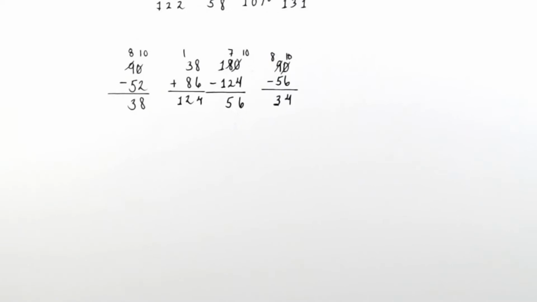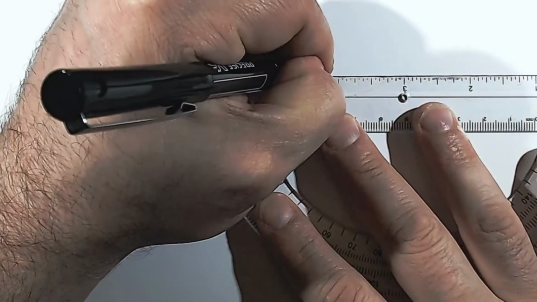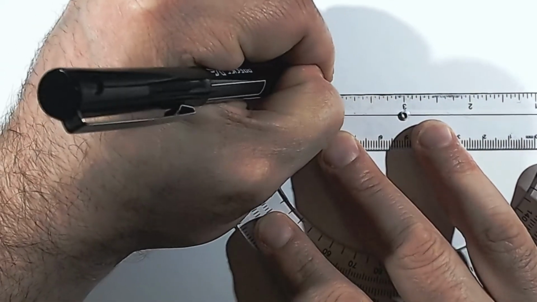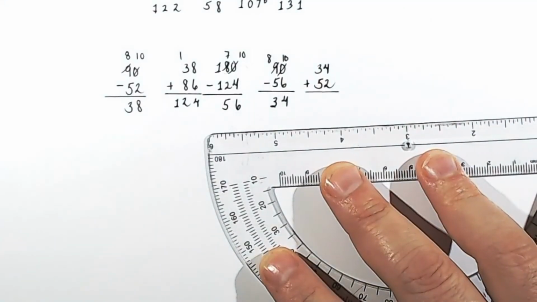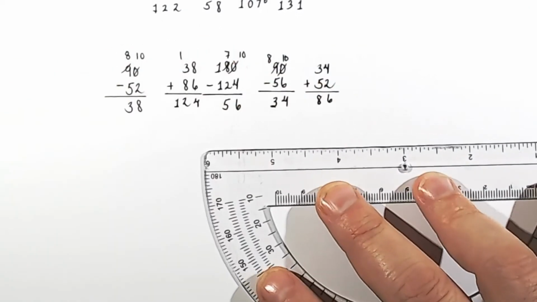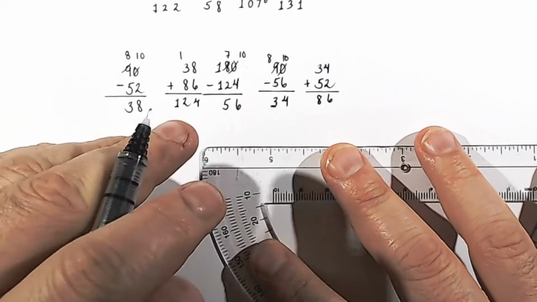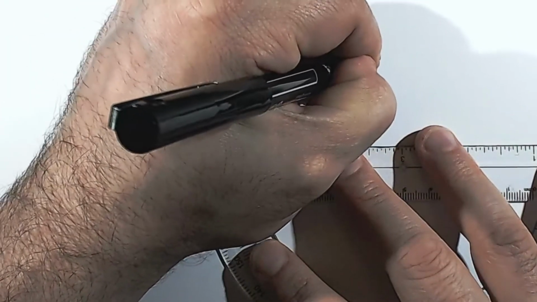So let's go and add 34 to 52. 4 plus 2 is 6. 3 plus 5 is 8. So we have 86 degrees as the sum of those two interior angles of that small triangle. And we just need to take that from 180.